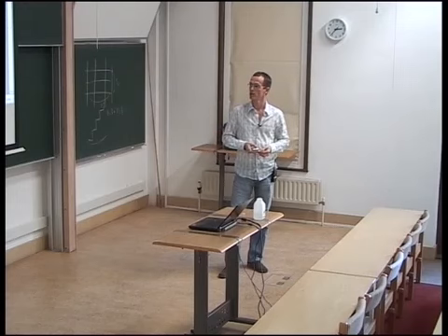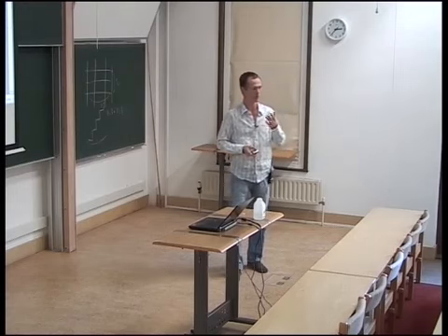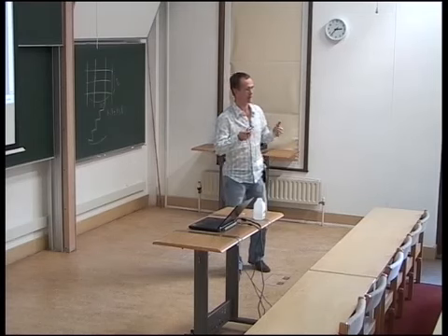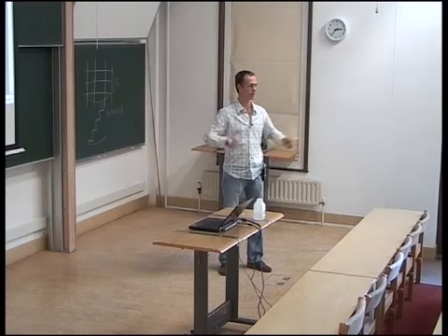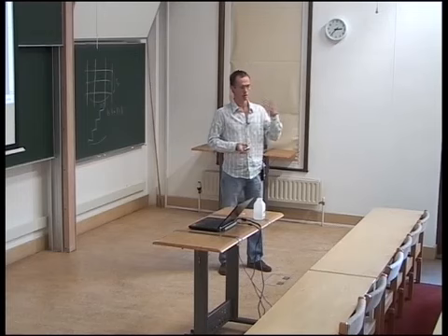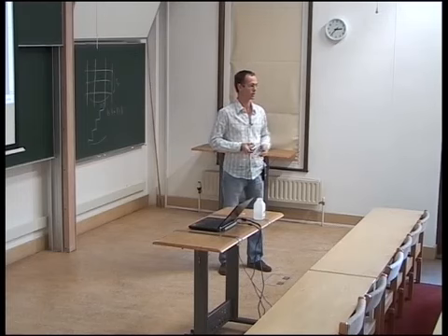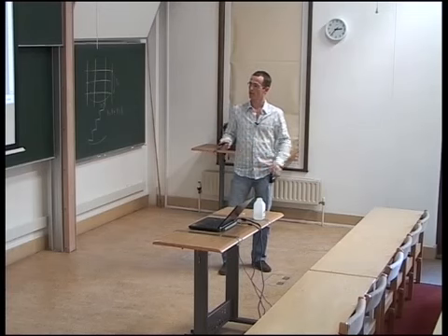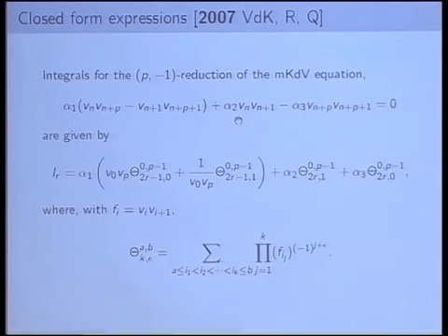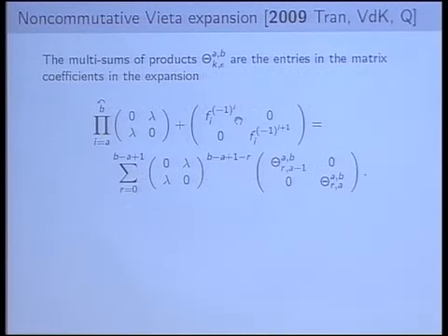At first, we just found this by applying the staircase method, multiplying all these Lax matrices, doing an expansion and looking at the integrals, and then you see some structure, and if you look hard enough, you can describe that in terms of these objects. Later we found a better way of looking at it, and this is using a non-commutative Vieta formula.